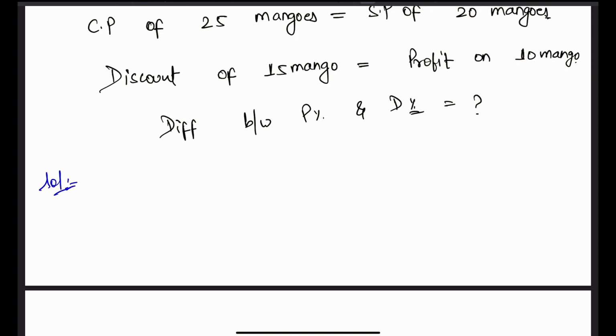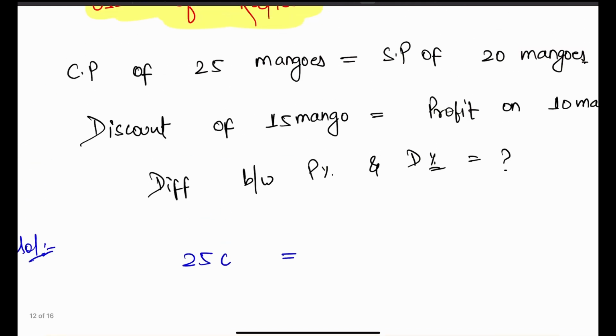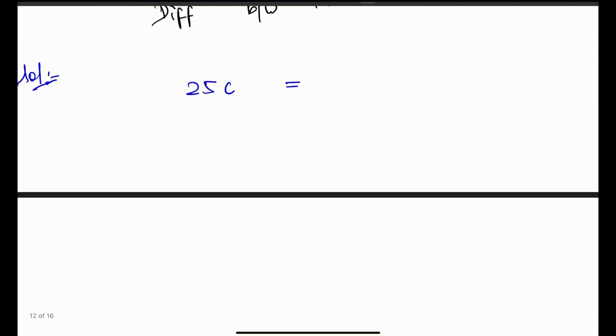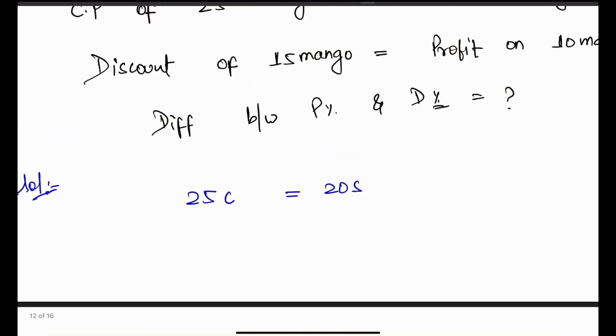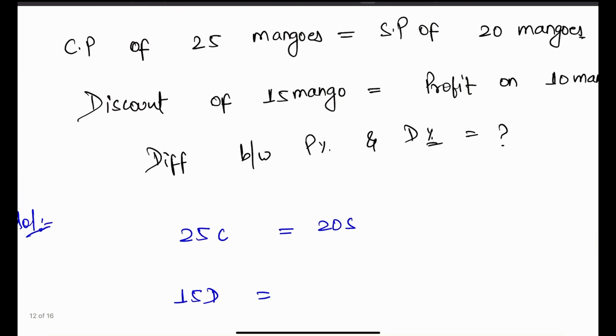We will use the concept of percentage. Suppose one mango costs him C. So 25C will be equal to 20S, where the selling price is S. Similarly, if some discount D is given, then 15D is equal to nothing but the profit of 10 mangoes.